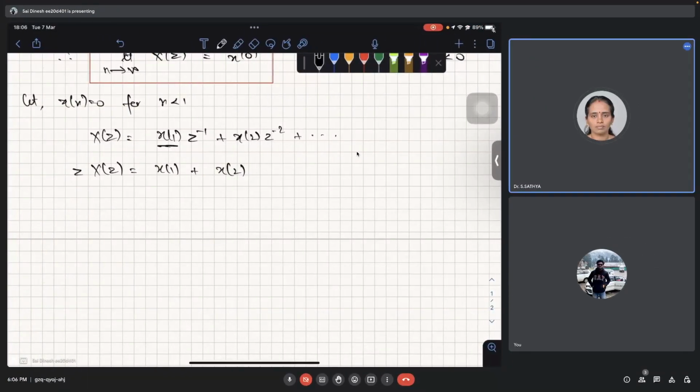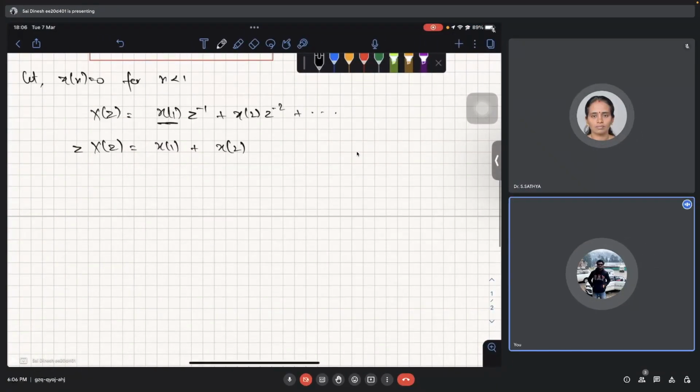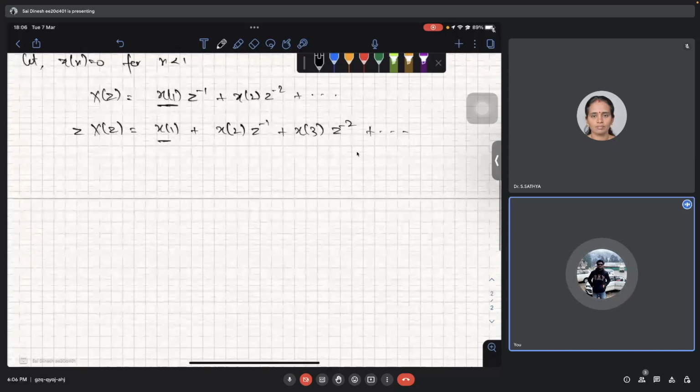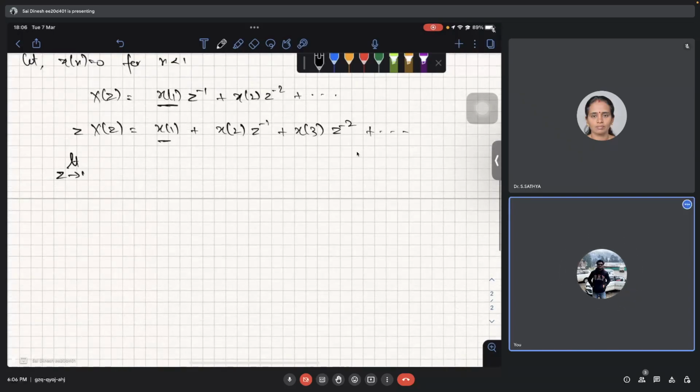Yeah, thank you. So z times X of z is equal to x of 1 plus x of 2 z to the minus 1 plus x of 3 z to the minus 2 plus so on. So now we can get the value of x of 1 similar to the previous case. If we apply limit z tends to infinity, z times X of z is equal to x of 1 plus x of 2 times 0, x of 3 times 0, and so on.